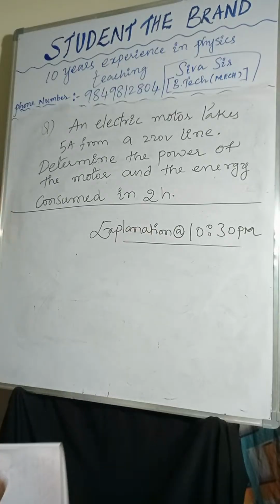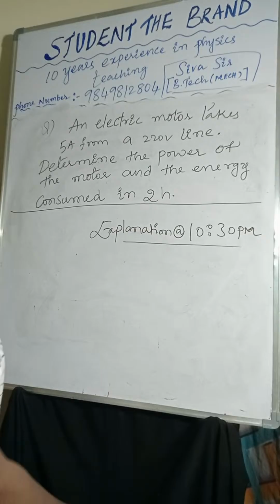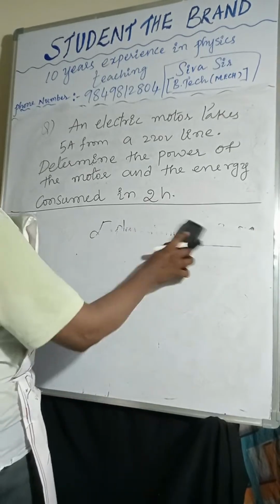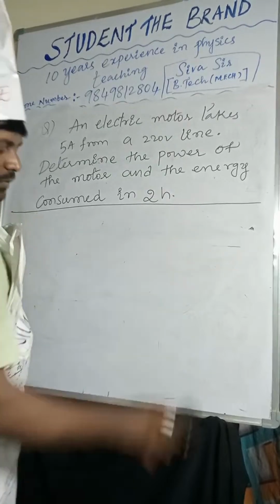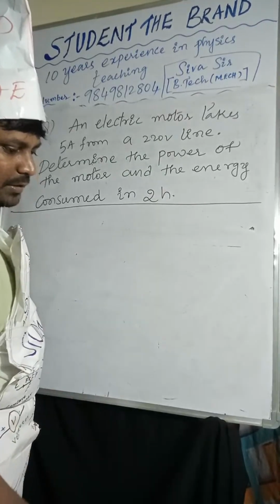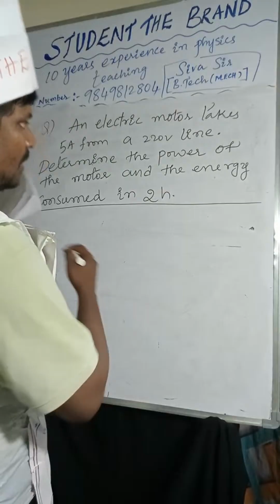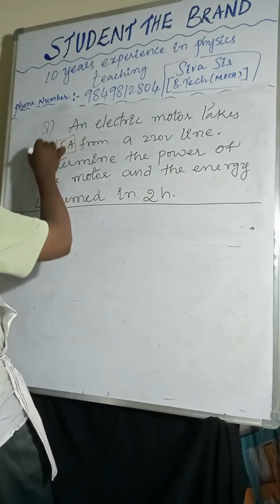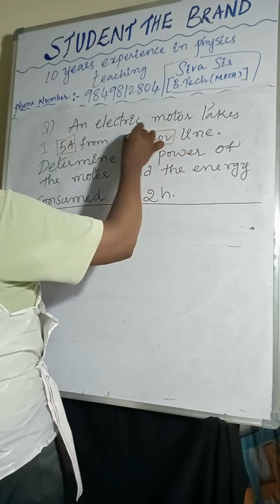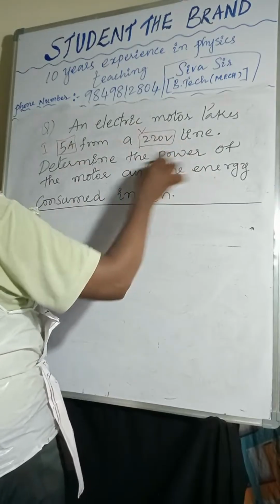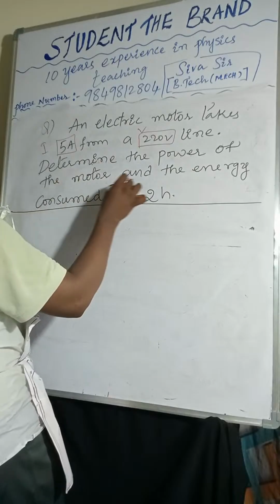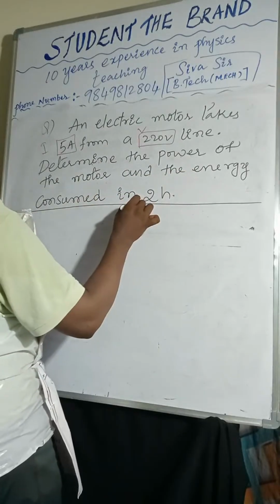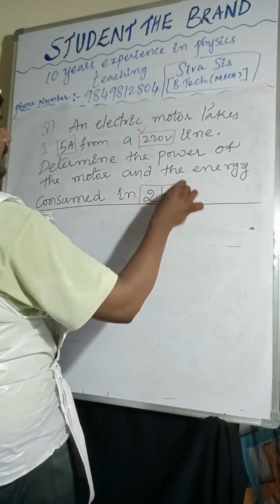Okay, so here you can observe in this question: an electric motor takes current, which is given, potential difference is given, determine the power of the motor and the energy in 2 hours. Time is given.